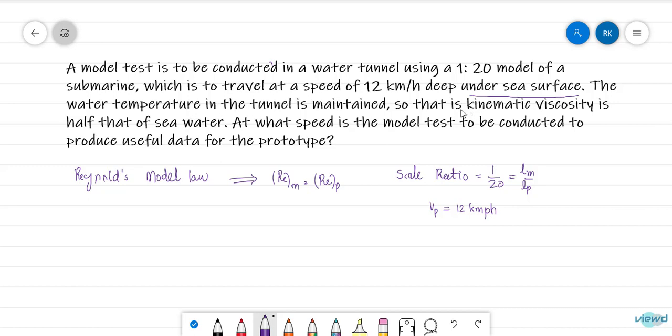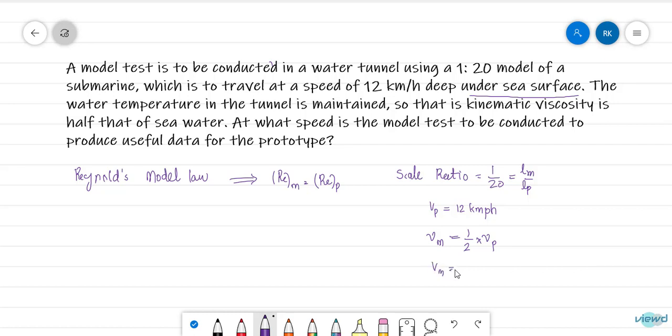The kinematic viscosity of the model is half that of seawater. Seawater means prototype. So in lab testing, half the kinematic viscosity of seawater is used. What speed should be maintained in the model?